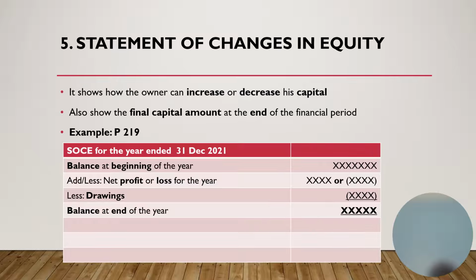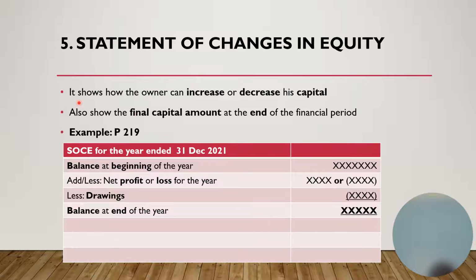Remember, we said equity is our capital. If we have net profit, we add it. If we have net loss, we minus it. And then we minus drawings if we have drawings. So what's the purpose of the statement of changes?